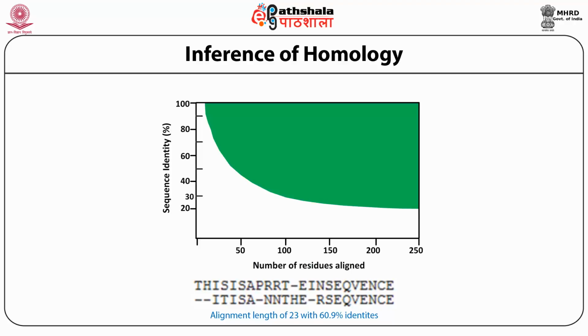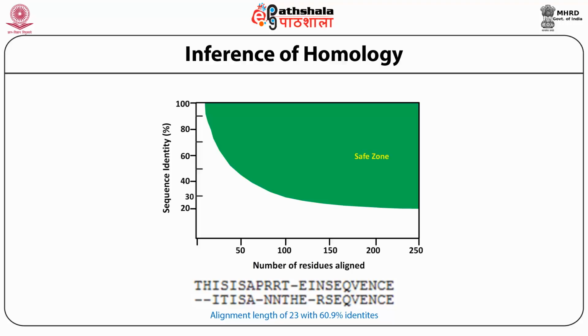Therefore, if the XY graph between the number of residues aligned and percent sequence identity for two aligned proteins falls in the green region, then it is safe to infer that these two proteins are homologous. This zone has been named the safe zone to infer homology.